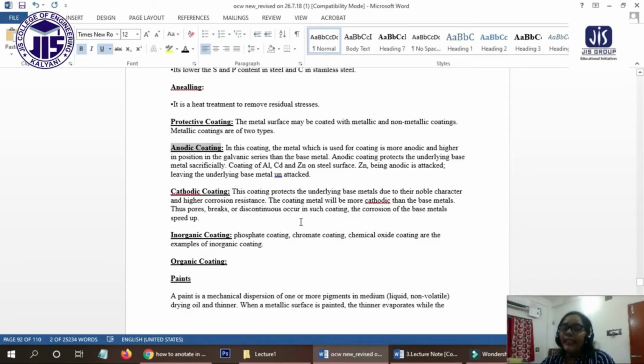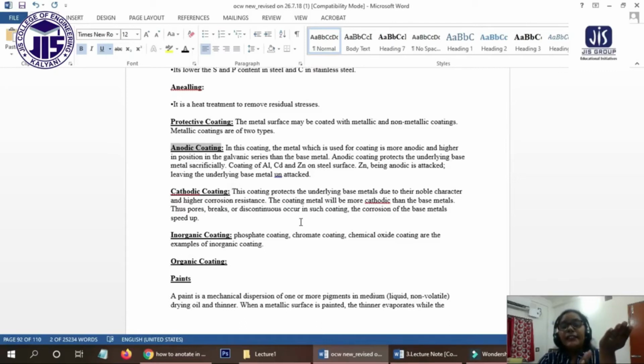Cathodic coating means if our base metal is again iron, and I want to coat the metal with the cathodic coating, we have to choose the metals below iron in the galvanic series. Those metals can be used for the cathodic coating.